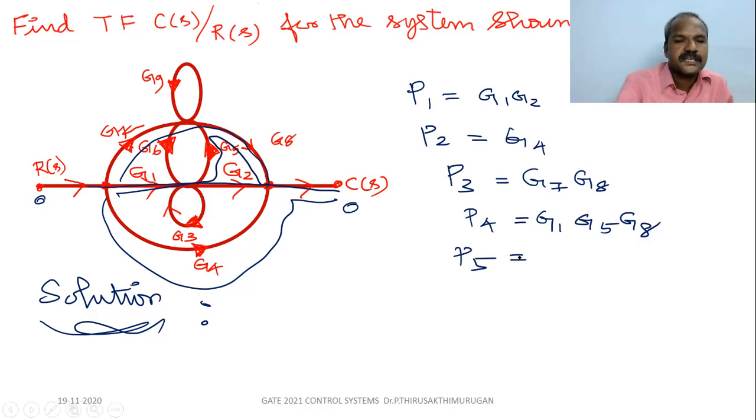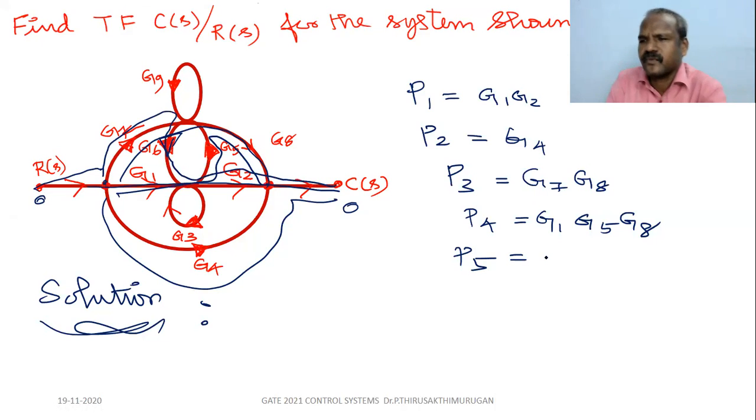What is P5? Okay, let's have this route: G7, G6, G2. So from starting from here, G7, G6, G2, this one.